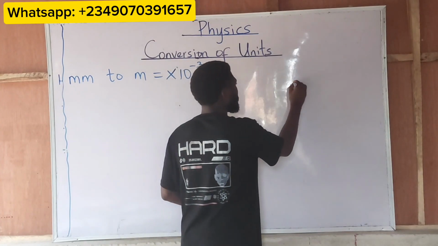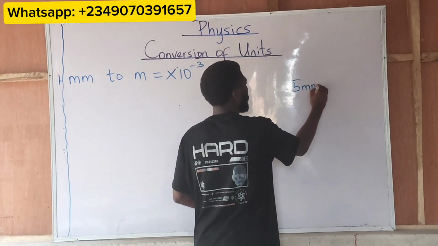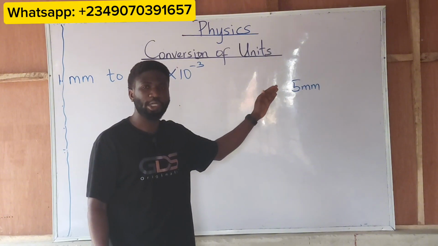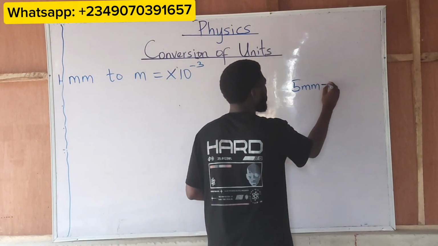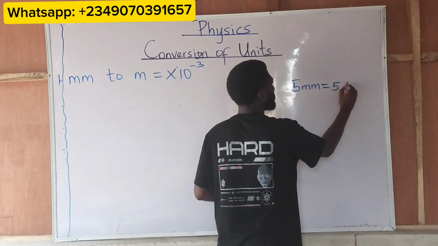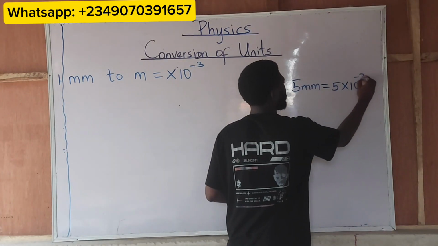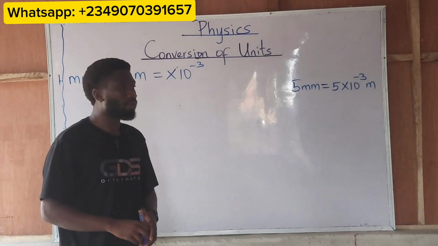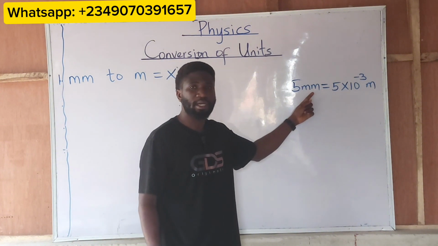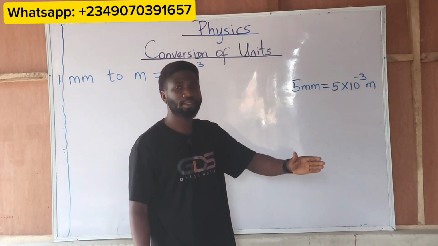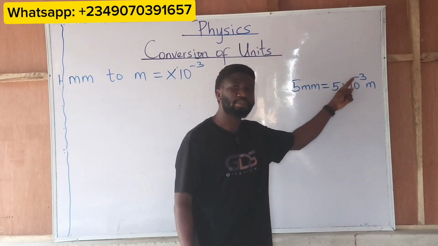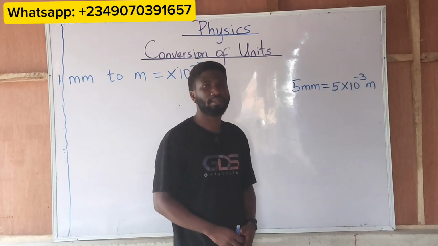Let's say you have 5 millimeters and you want to change this to meter. What you just have to do is 5 multiplied by 10 raised to power minus 3 meters. This will be your answer.